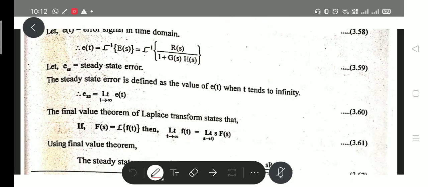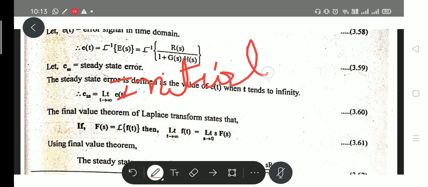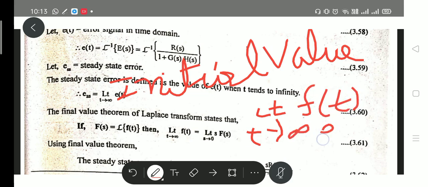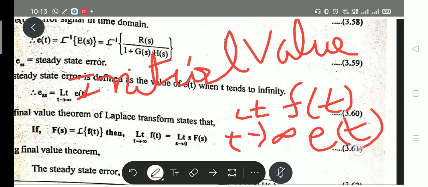Here, the initial value theorem and the final value theorem. The final value theorem formula is limit t tends to infinity of f of t, or e of t, anything. The initial value theorem is the same, but with limit t tends to 0 of f of t.